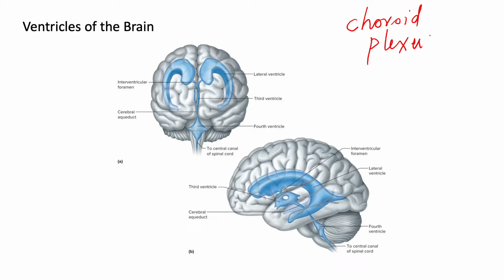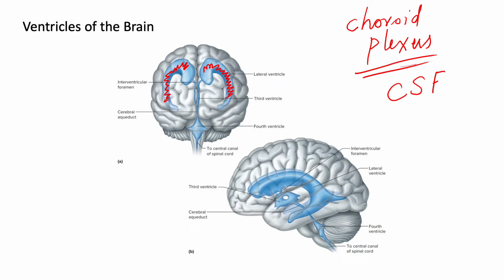The choroid plexus produces cerebrospinal fluid. Cerebrospinal fluid is basically secreted from the choroid plexus located in the two ventricles. These are called lateral ventricles, located in the two cerebral hemispheres.